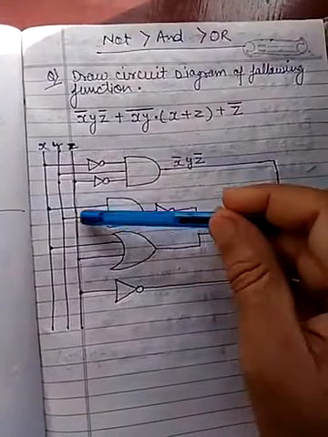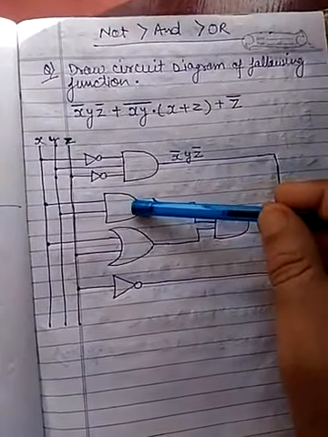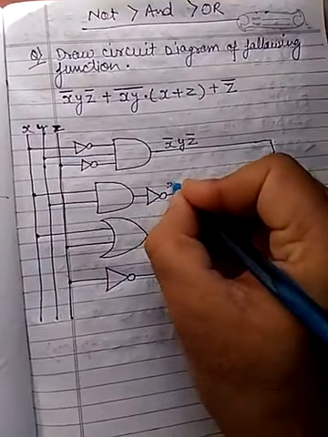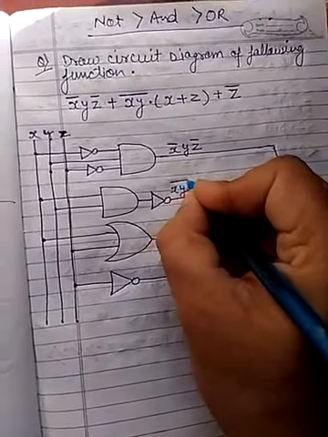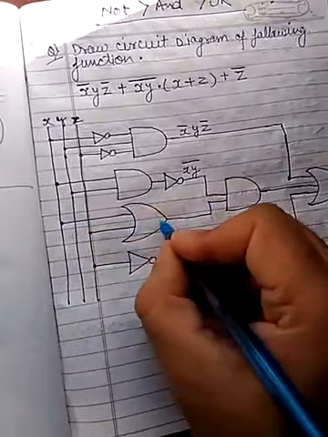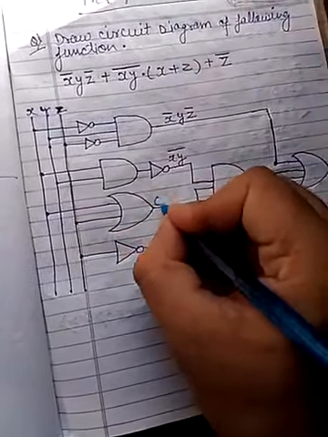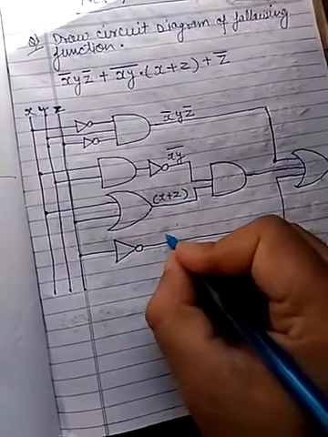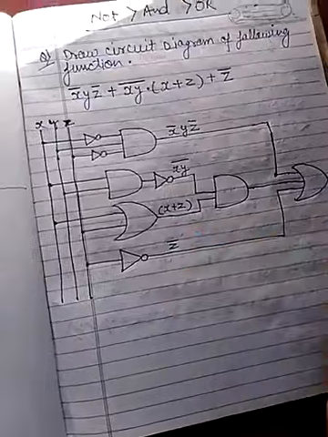This is x, this is y, multiplied and then NOT, so this is (xy)'. This is what? x and z get added, x plus z. This is z'.